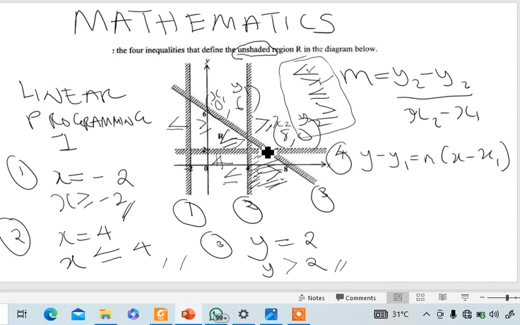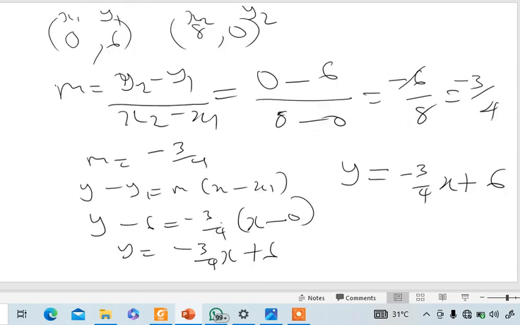Which side has been shaded? It is the greater part. Which one do we want? The part that has not been shaded, which is the less part. So this is the sign we're going to put. Our final answer is y is less than or equal to negative 3 over 4 x plus 6.